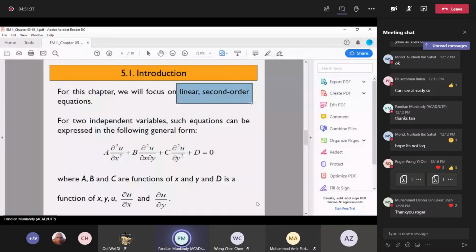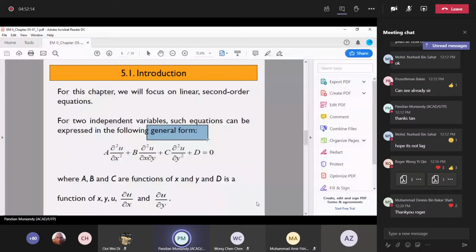For two independent variables, that is x and y, such an equation can be expressed in the following general form. From the general form, you transform to the particular form. The particular forms are elliptic, parabolic, and hyperbolic. You cannot go into elliptic, parabolic, hyperbolic straight away because there may be other forms also, but you just concentrate on 3 forms.